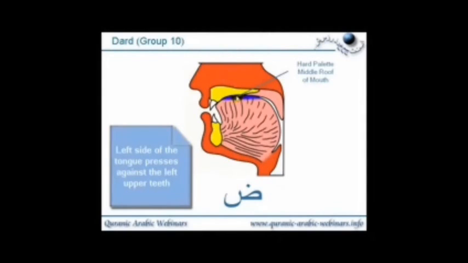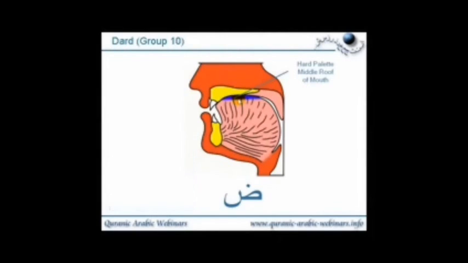But the main thing is to try and get the left side of your tongue to touch your upper left teeth and say bod, bod. If you're left-handed, you would normally put the right side of your tongue onto the upper right teeth, and some people can do it both left and right side. So that was group 10, the letter bod.